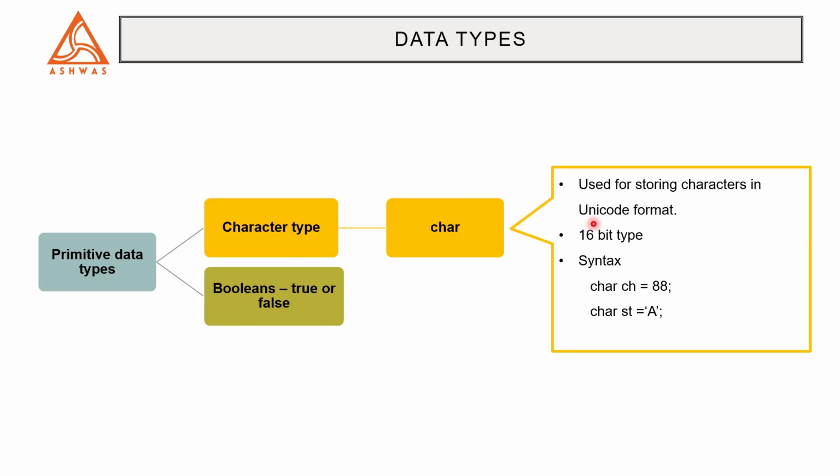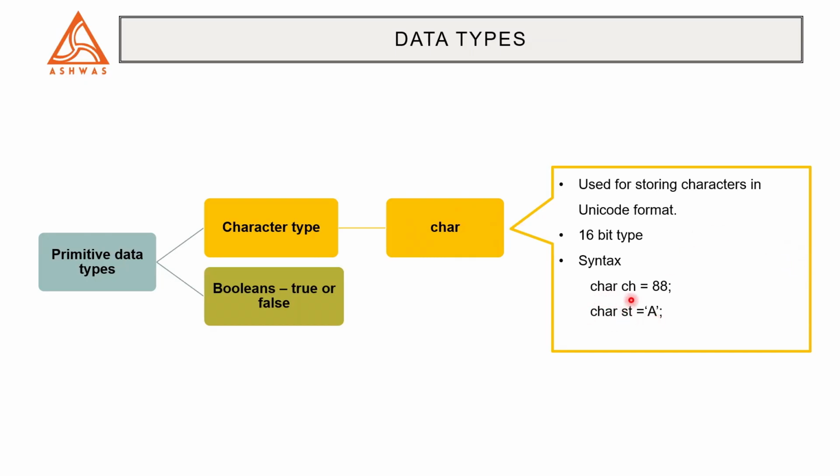So if you want to do the kind of programs where you want to identify which key was pressed by the user, or if you want to convert a given string into capital case or lower case manually, that is when you actually need to know the Unicode format of the characters, and char stores the characters in that format.